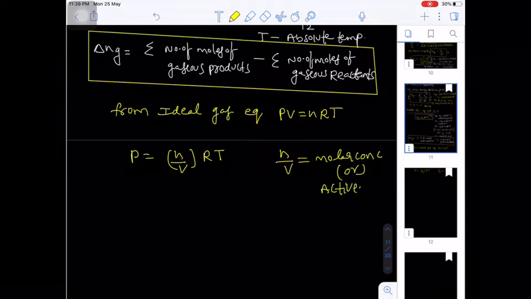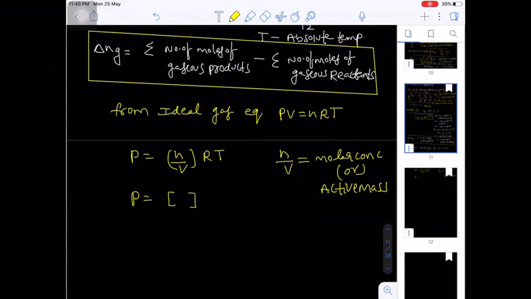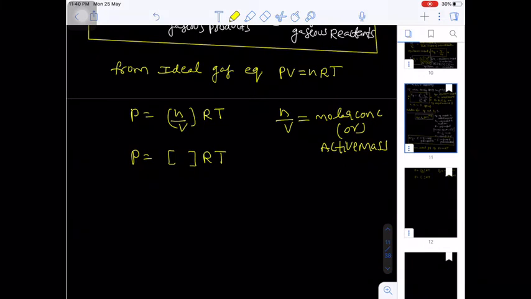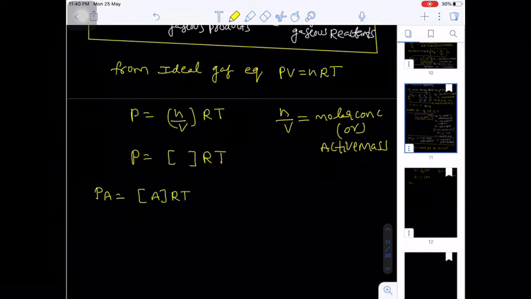So P is equal to active mass multiplied by RT. The species with respect to which we are dealing will be written in the square bracket. Let's suppose the partial pressure of A is the active mass of A multiplied by RT.